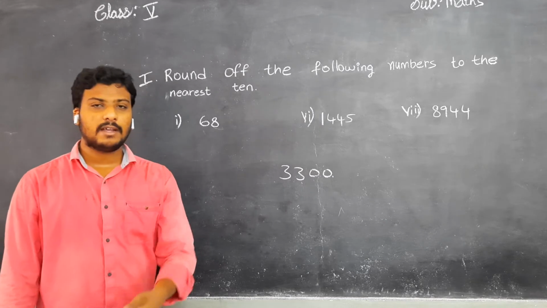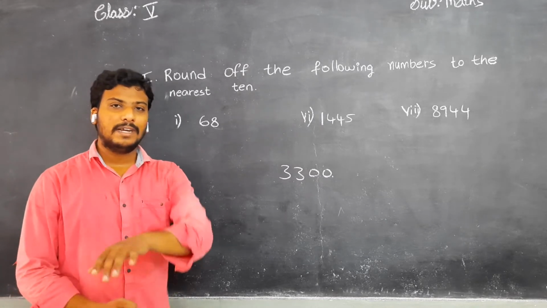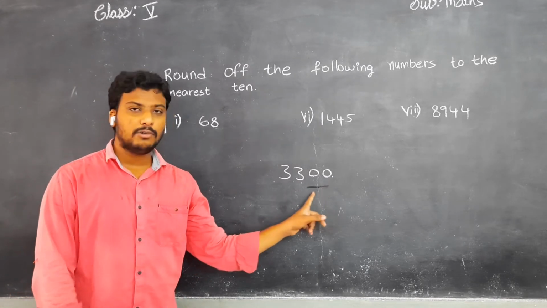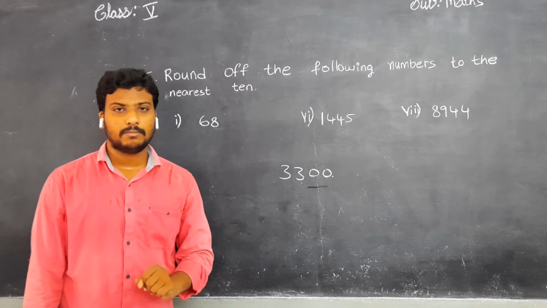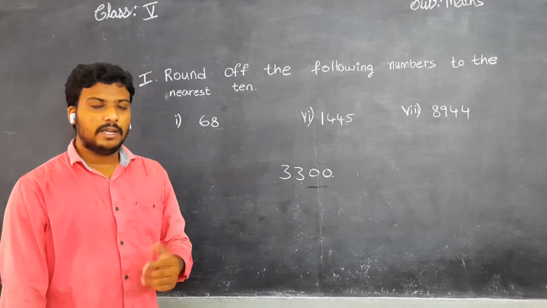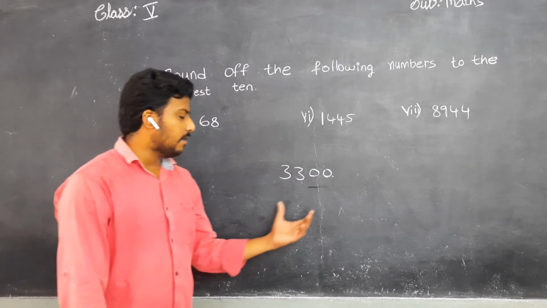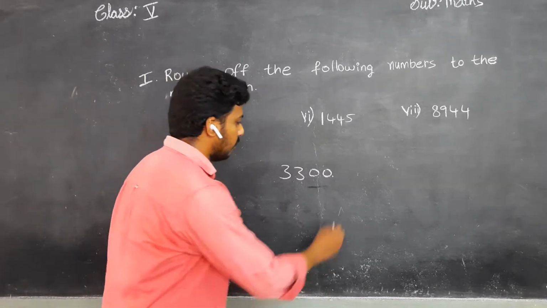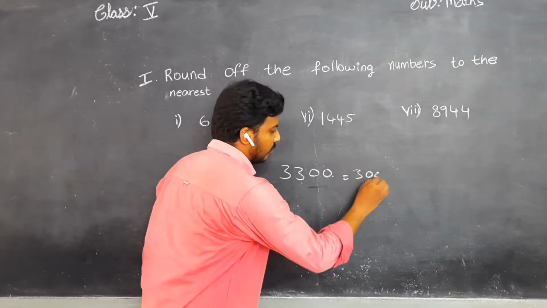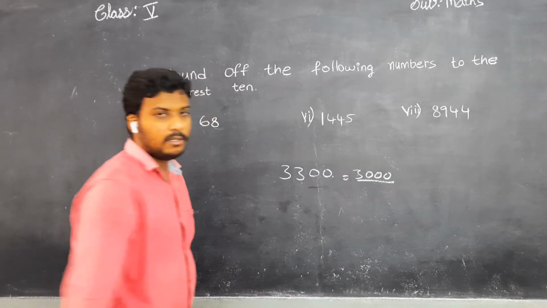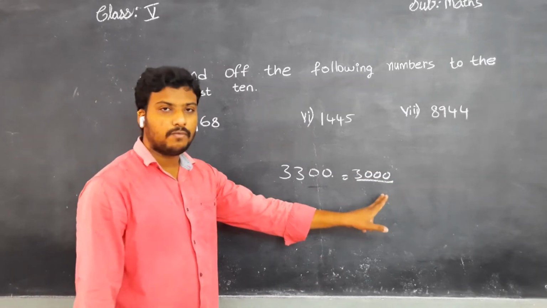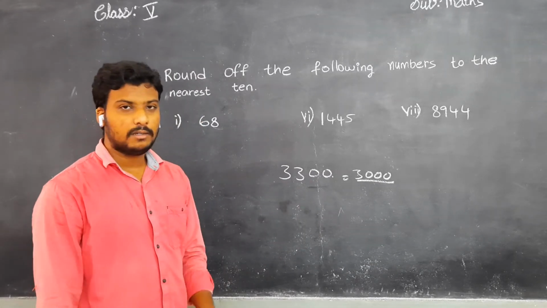Your father bargains with the shopkeeper to reduce the 300 and give the bicycle for only 3,000. After some time the shopkeeper agreed and gave the bicycle for the cost of 3,000. Here 3,000 is the round off value for 3,300.